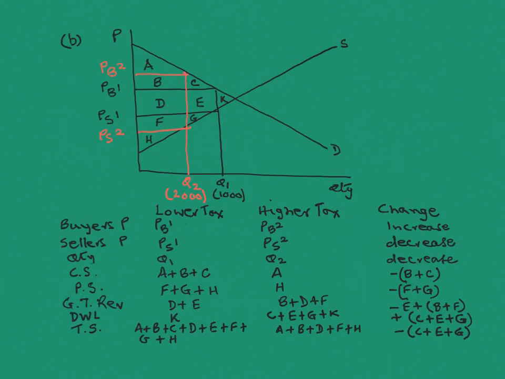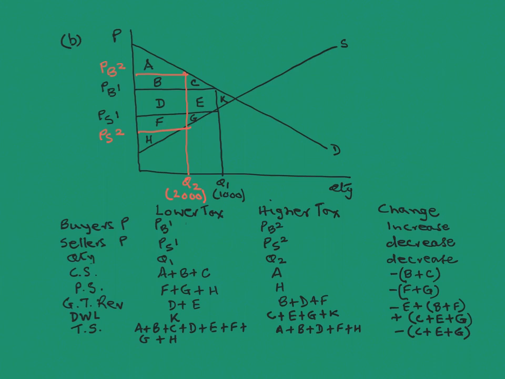When the tax on each car sold increased from $1,000 to $2,000, the market for cars shrank further from Q1 to Q2.